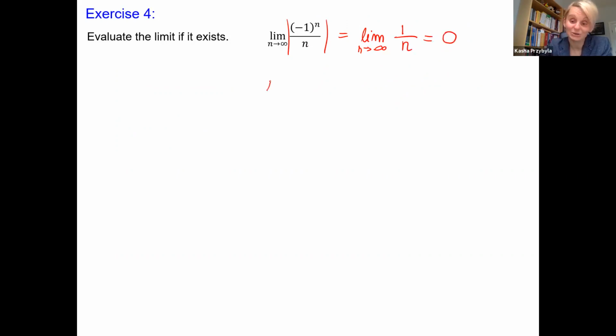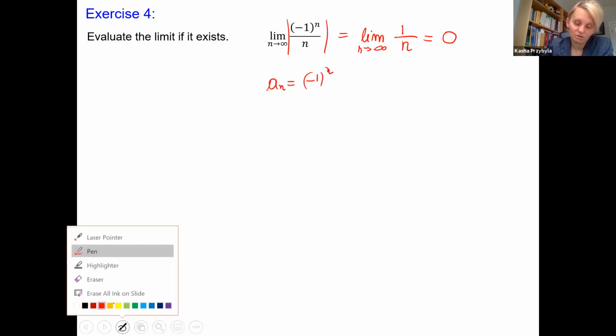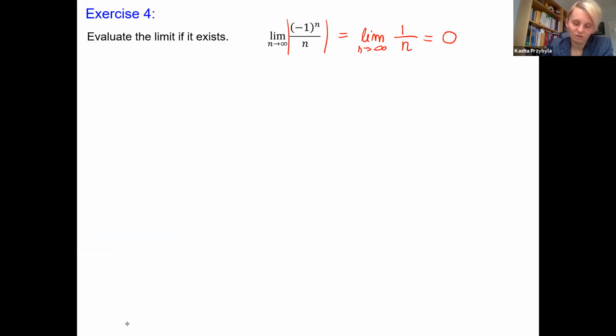Actually, the question asked for the limit of the sequence. The limit of -1 to the n over n at infinity is also 0, because this one was 0.